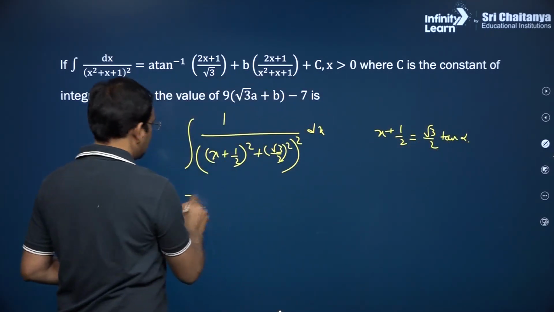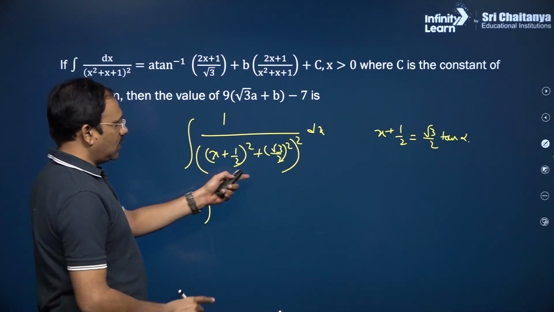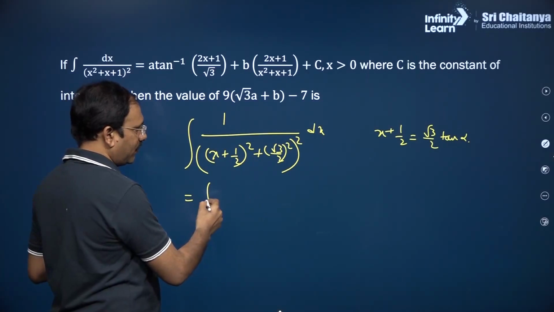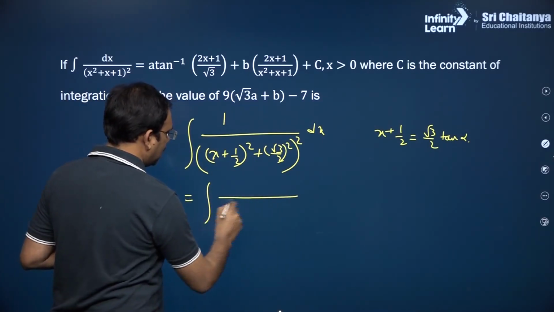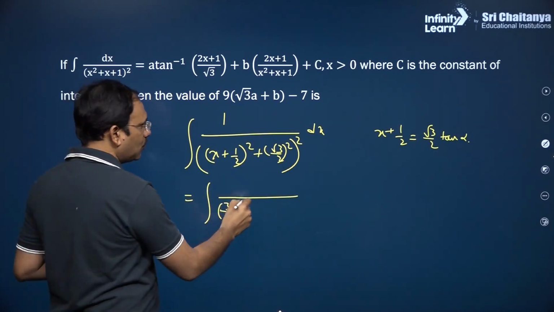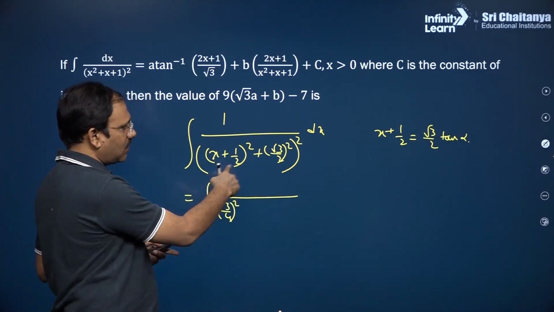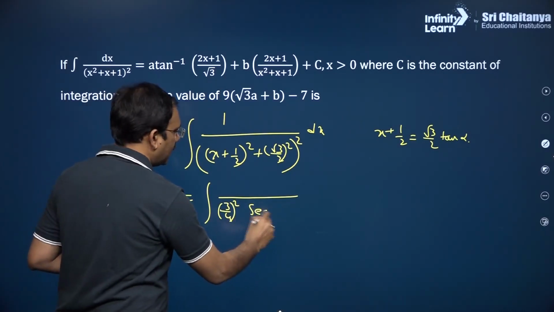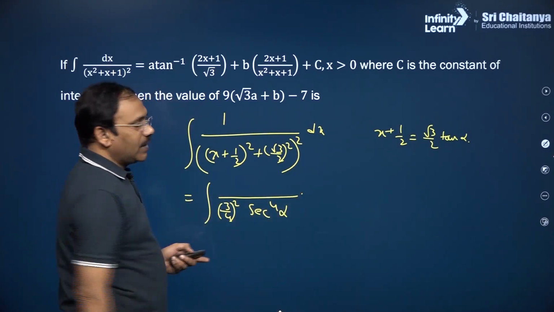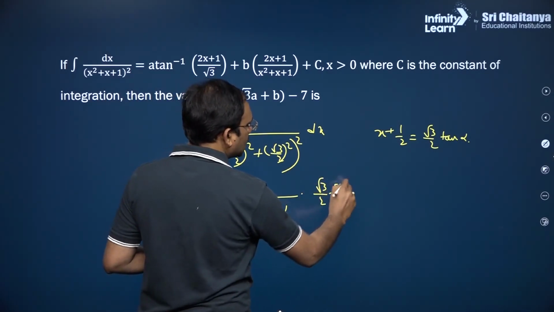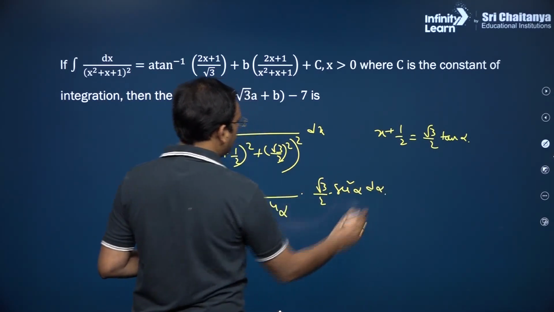So, this becomes, root 3 by 2 whole square is 3 by 4, this comes like 3 by 4, even whole square comes out, into 1 plus tan square alpha will become secant square alpha, finally secant power 4 alpha, and dx will become root 3 by 2 into secant square alpha d alpha, my dear friends.